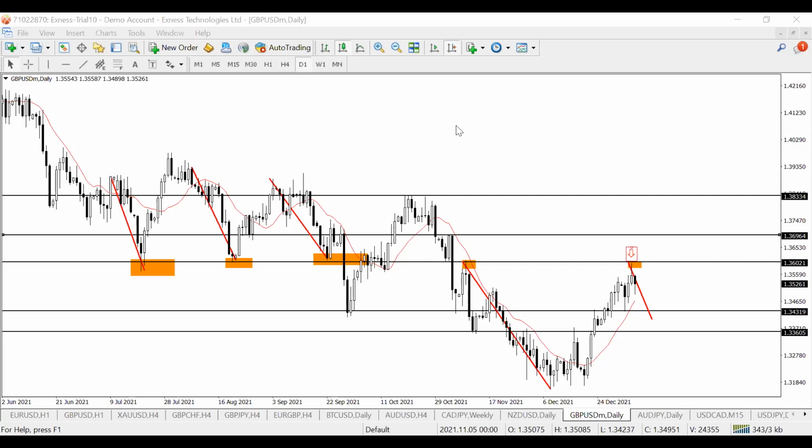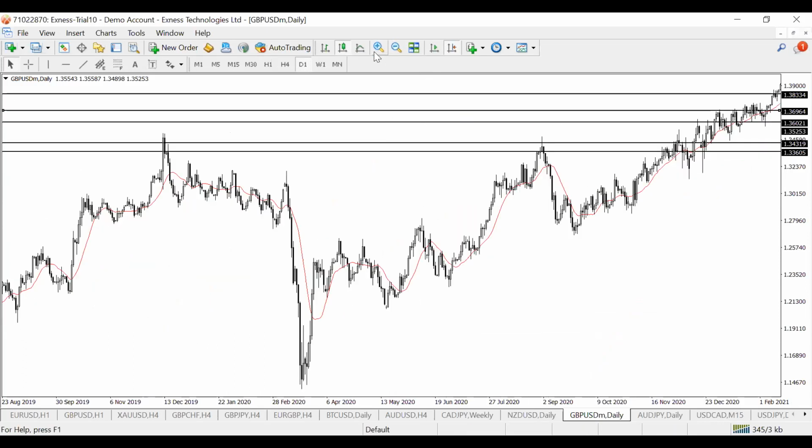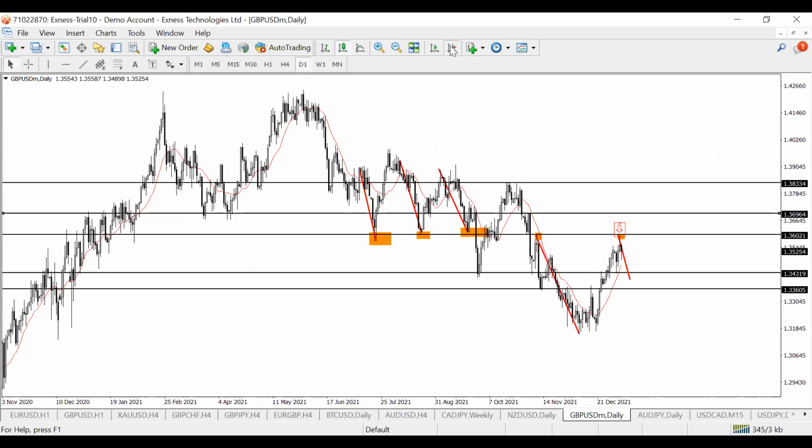If you pinch the phone with your two fingers, as if you want to enlarge a picture, the chart will zoom in, so it will help you to see all the previous activity in the market, just like I'm doing now. As you see, I zoomed in like this to help me see what has really taken place before drawing my support and resistance zone. So you are going to draw all the support and resistance zones that you can identify. Then you post it in the group for me to see.